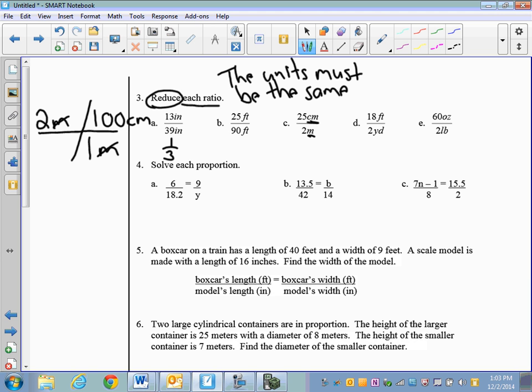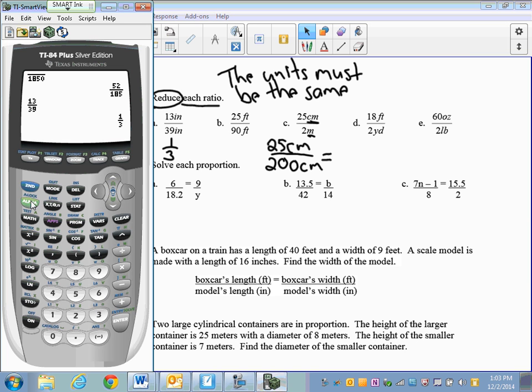So this is equal to 25 centimeters over 2 times 100, which is 200 centimeters. Now I have common units, so I can hit alpha y equals enter, 25 over 200, and that's 1 to 8.